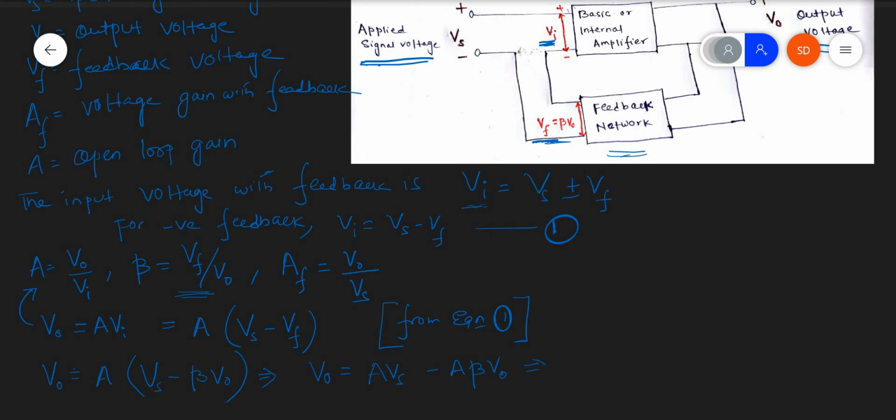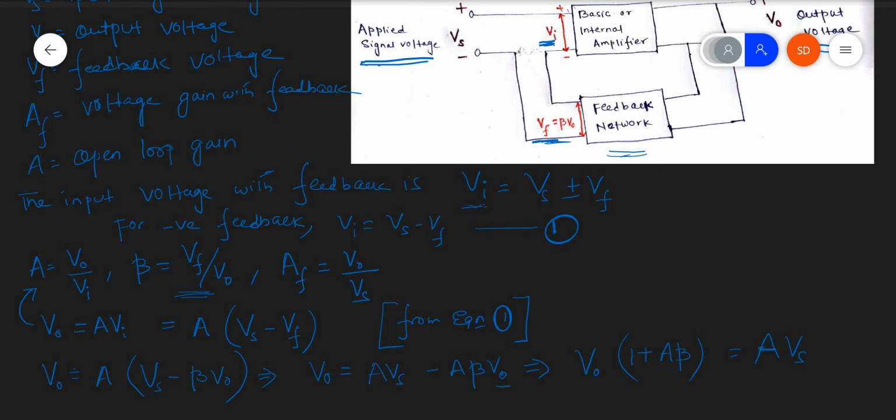So this can be written as V naught (1 plus A beta) is equal to A Vs, taking the V naught term to one side.